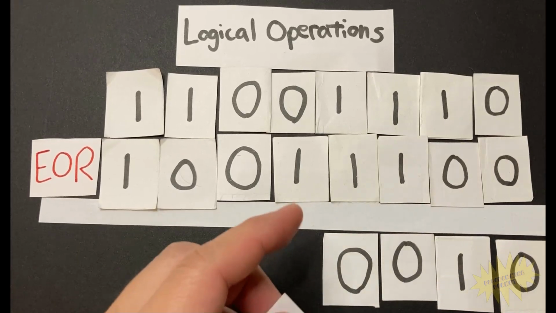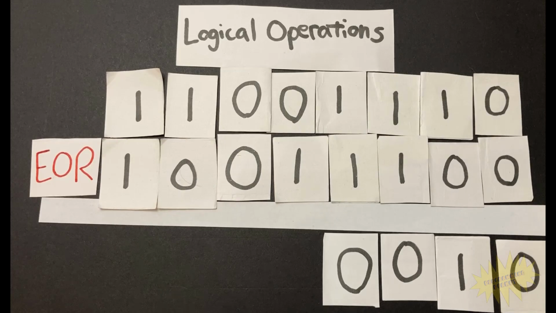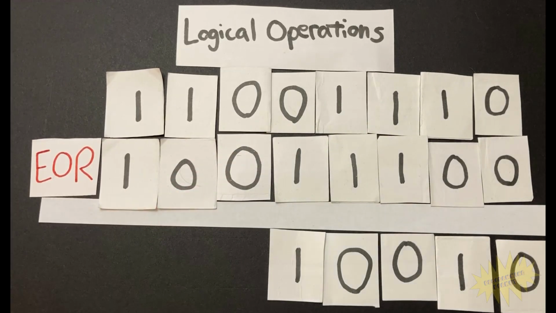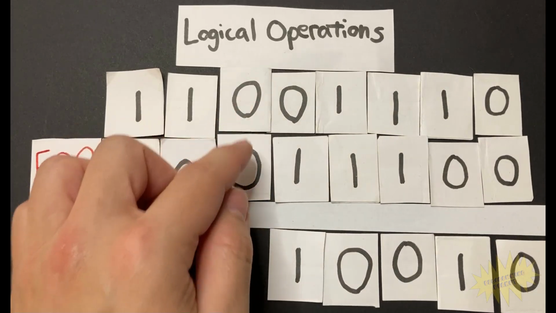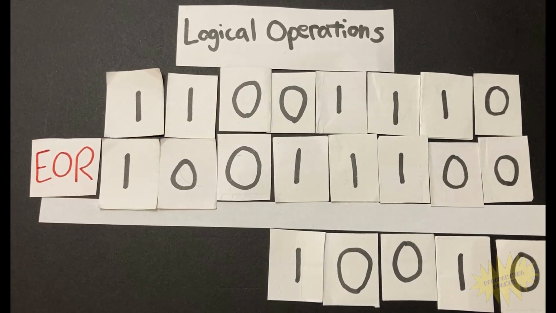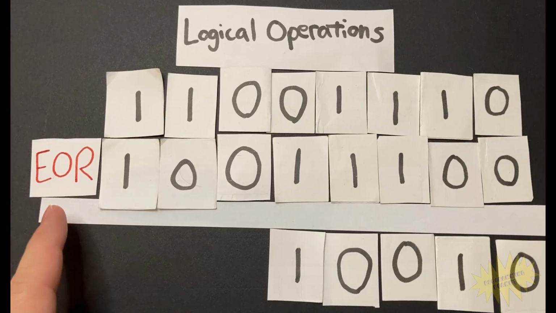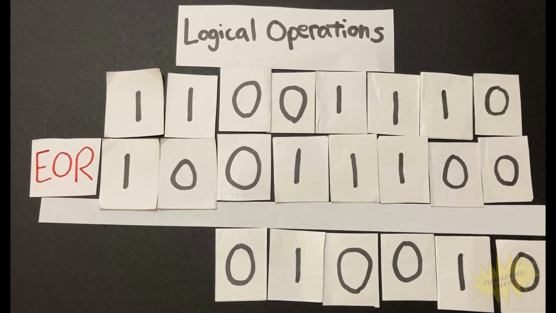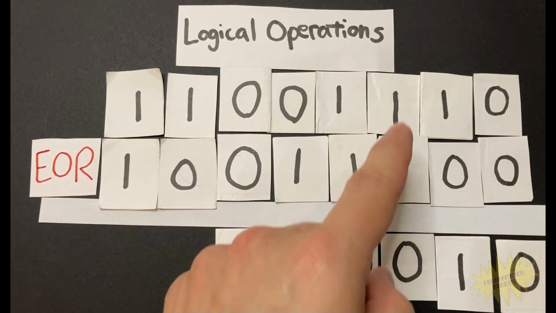And then we keep going here, 0 and 1. Now we have at least 1, so that results in a 1. Now here we have 2 zeros. When we have 2 zeros with an exclusive OR, it's still going to be 0. So that's a little different than this one.